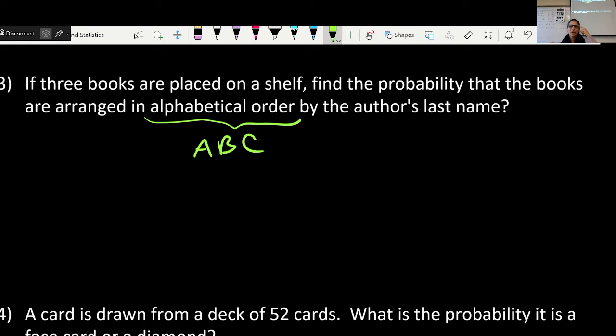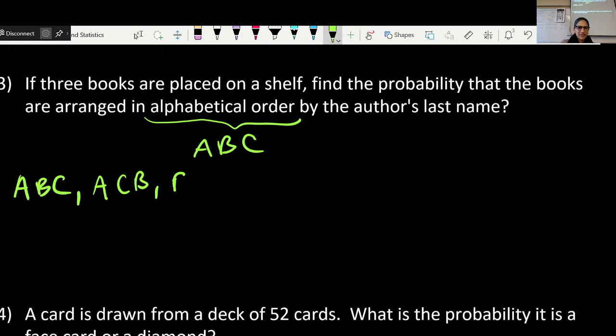So let's think about all the ways that this could happen. What is the probability that the books are arranged in alphabetical order by the author's last name? So basically what we're saying is we want it to be ABC. But there's other ways that this could happen. Like maybe it's A and then I swap the other 2 and it could be ACB, which wouldn't satisfy our rule here. Does that make sense?